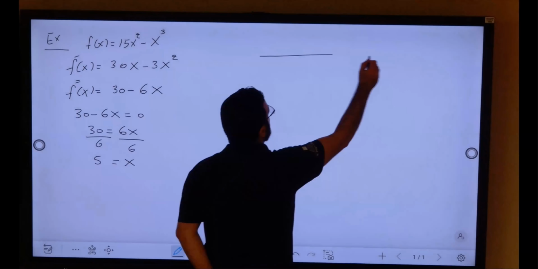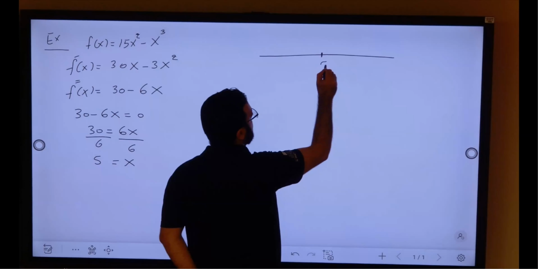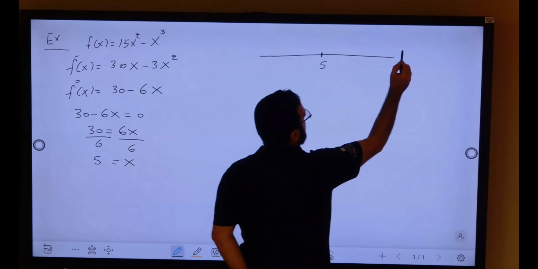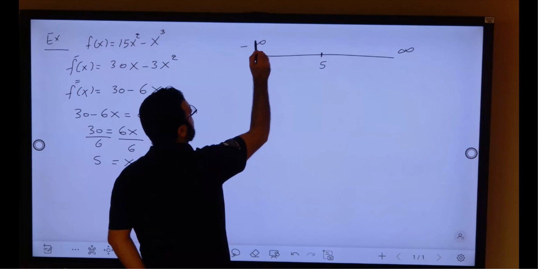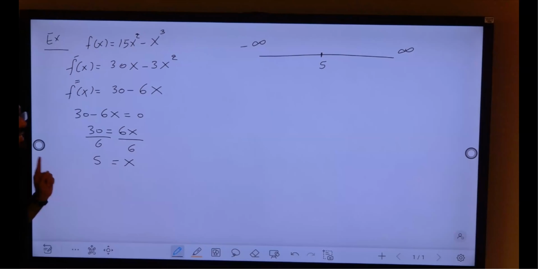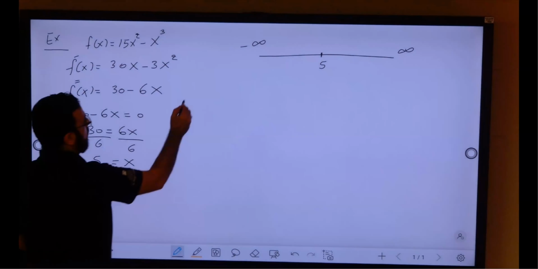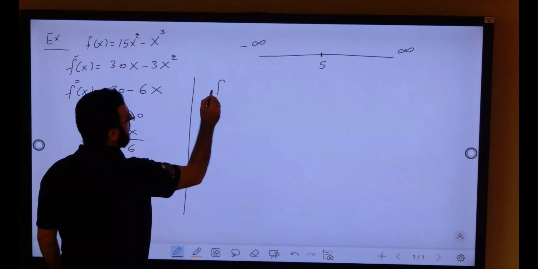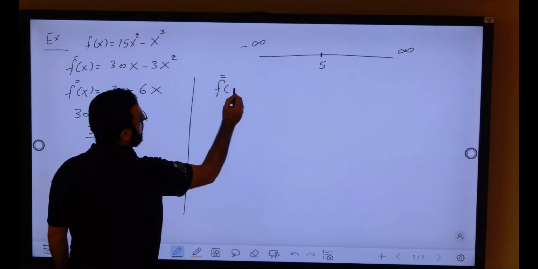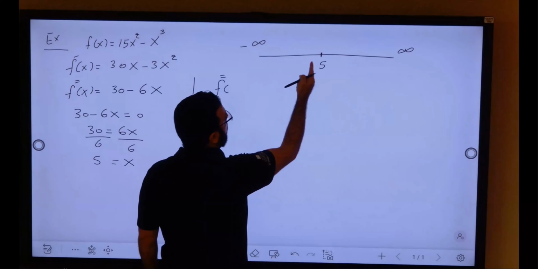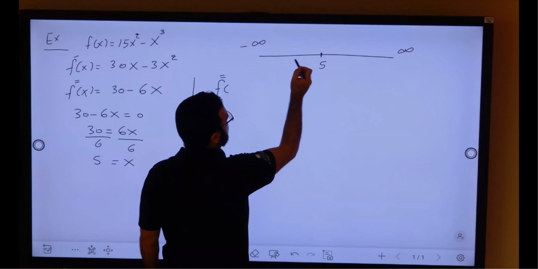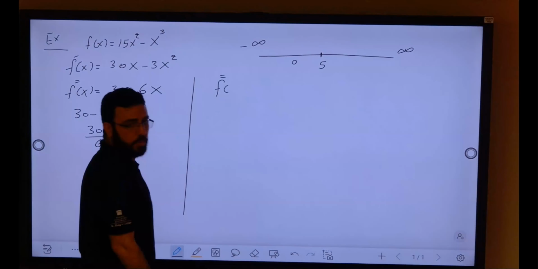Here is our line and here is 5. I'm going to check the positive and negative sides by using the second derivative test. On this side you can choose 0. Can I choose 0? Yeah.